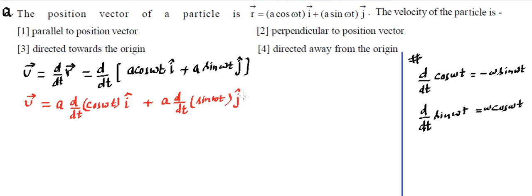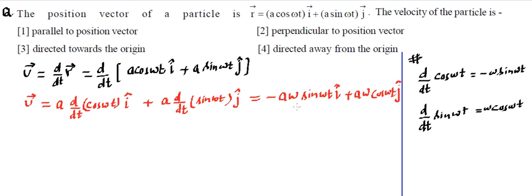Now let me write what it is going to be converted into. For cos omega t, we can apply this formula, so it will become minus a omega sin omega t i cap. That's done for the first part, and we can apply the formula for the second part, so it will become plus b omega cos omega t j cap.